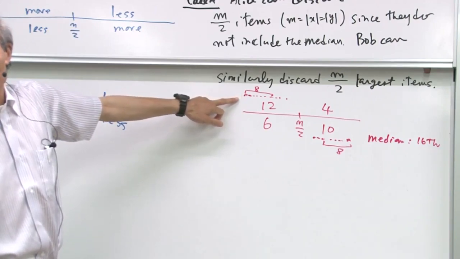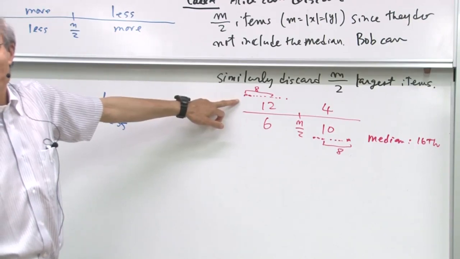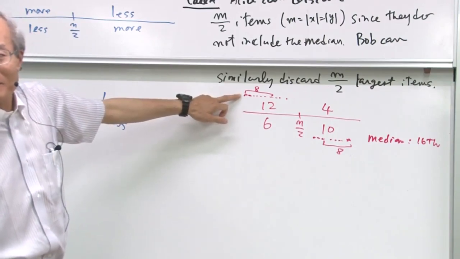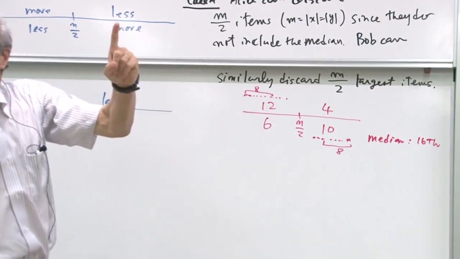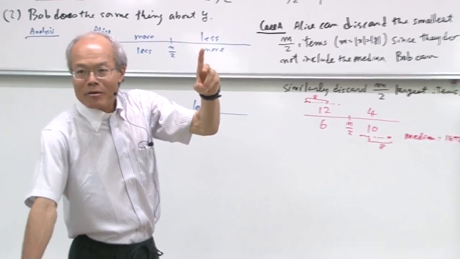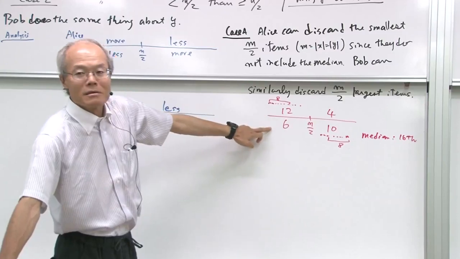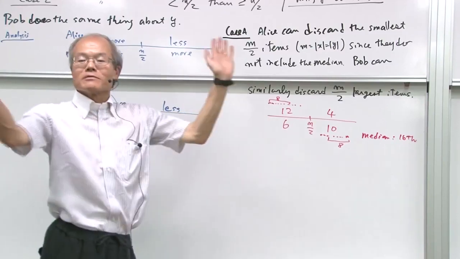This is an elementary school calculation. Suppose that we do have a median in these 8 numbers, then what happens? The number of items which is at most median is 8 plus 6, 14. Contradiction.